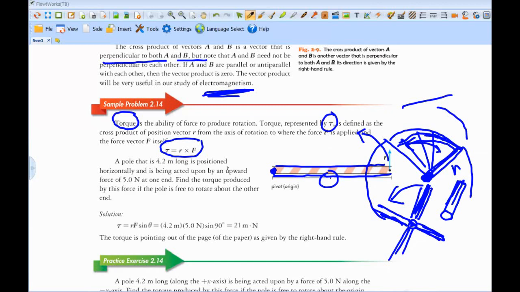So when you have a pole that is 4.2 meters, a gate also has torque, right? The gate, the door. So those are the things. The pole, 4.2 meters long, is positioned horizontally and is being acted upon by an upward force of 5 newtons. Also at checkpoints, you have torques.